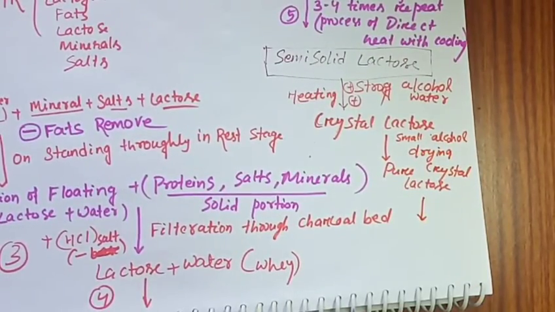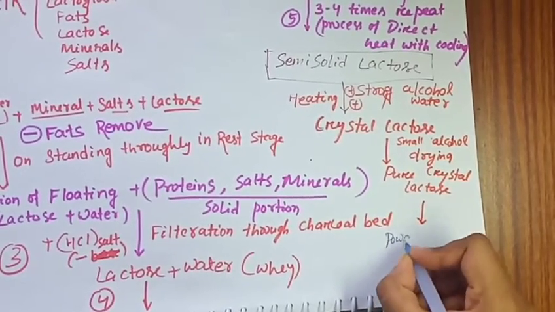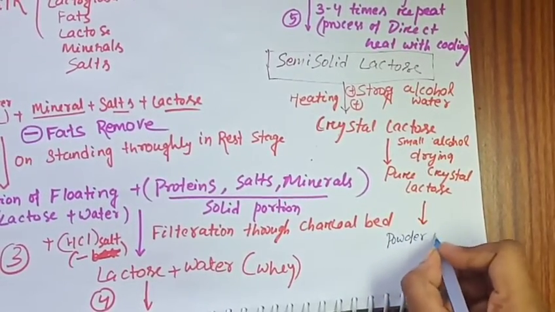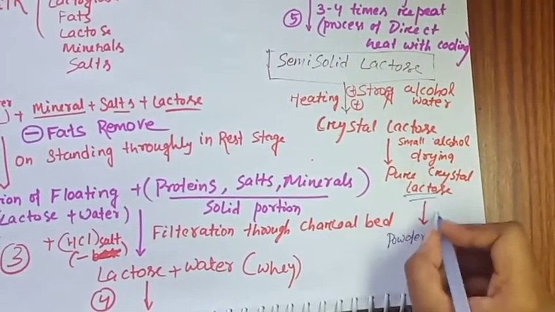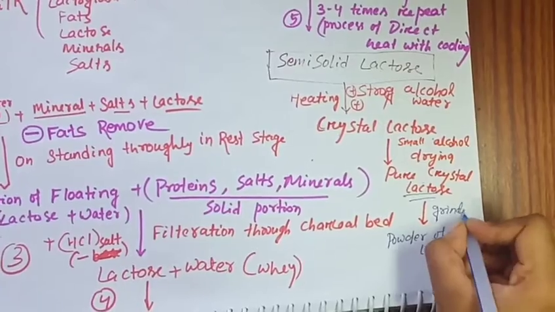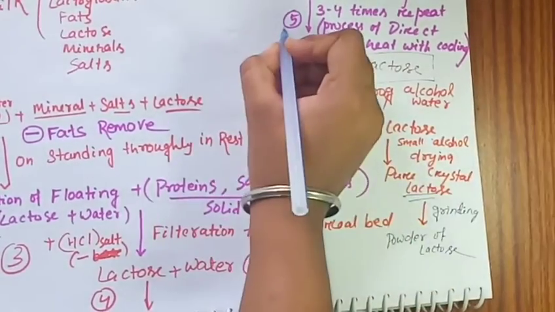Now our last thing, that is our powder form of lactose. We get powder of lactose by grinding this pure crystal lactose. Grinding makes the pure crystal lactose into powder form. So this is the fifth stage.